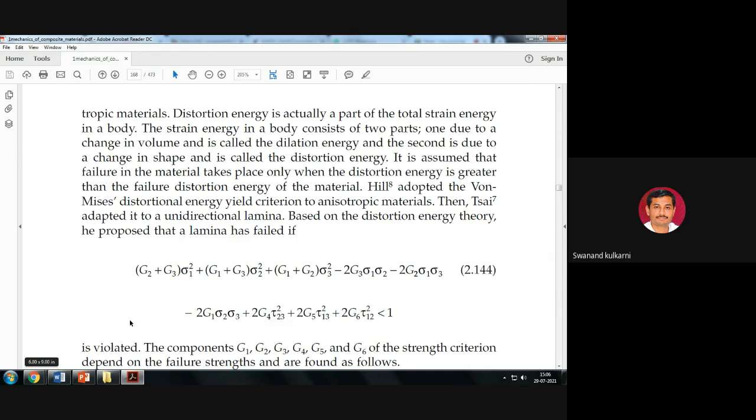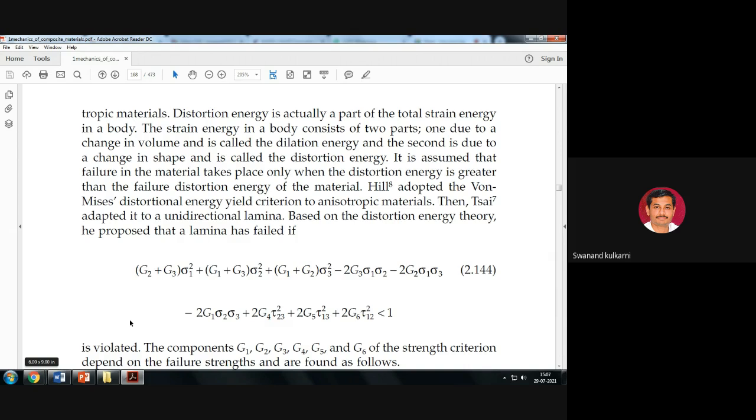But when the applied load is too heavy, and crosses the strain energy possessed by that body, so that the energy from the force is more than the energy possessed by the body, then definitely failure happens.